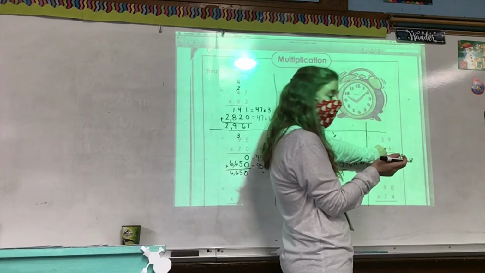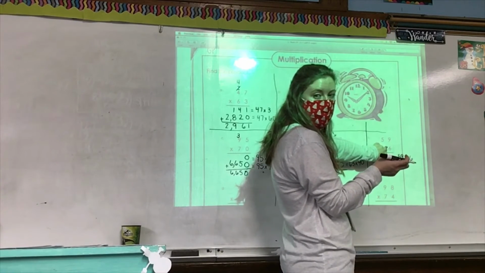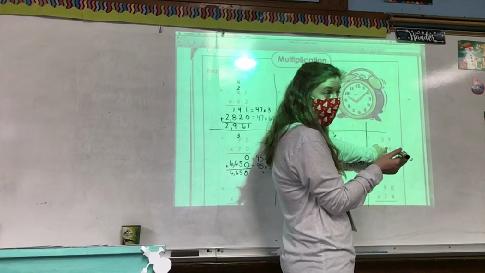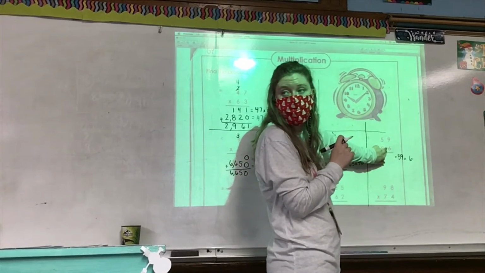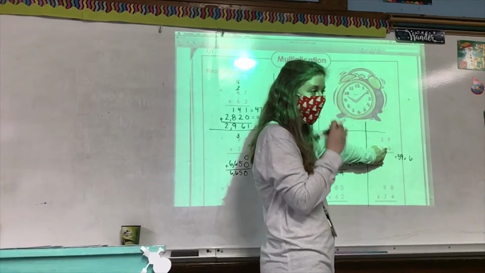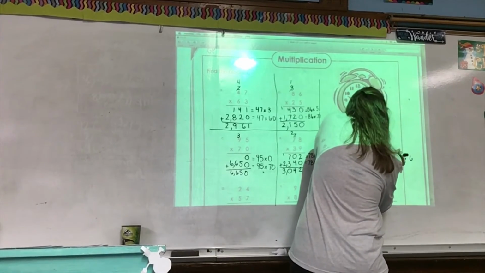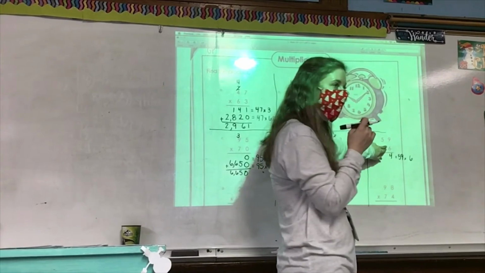Michaela? Not 30. Colin? 54. Please make sure you're working on your multiplication facts. We cannot keep going without you knowing your multiplication facts. So 54. Mason, do I have a place to regroup that 5 to?